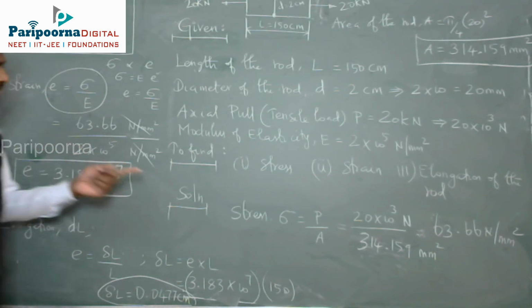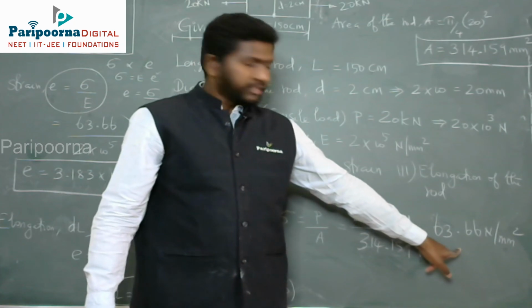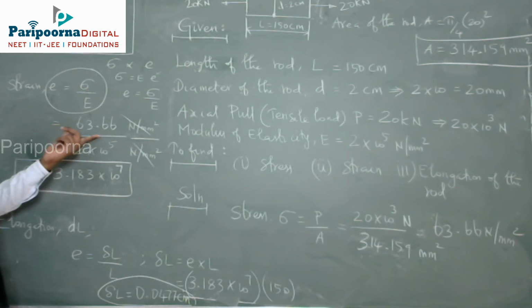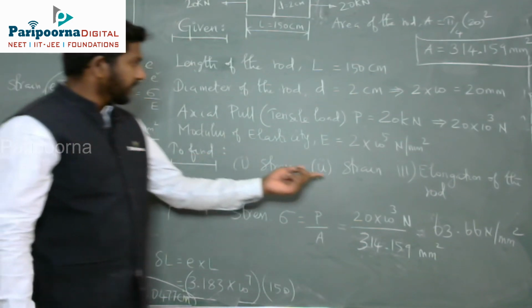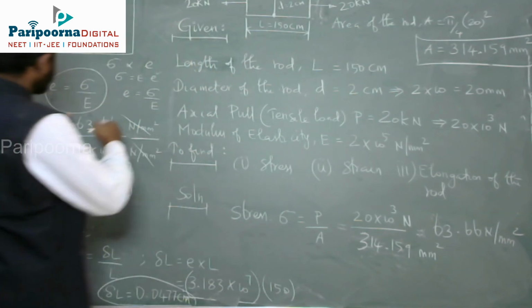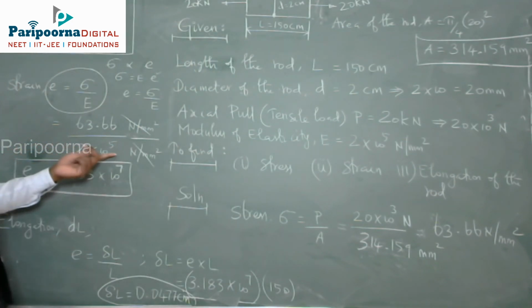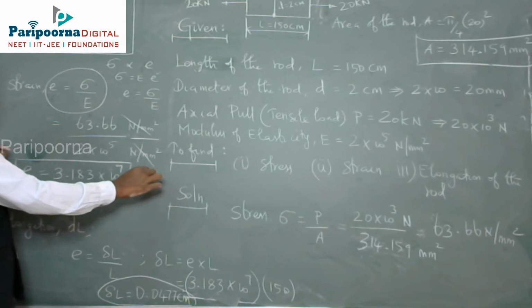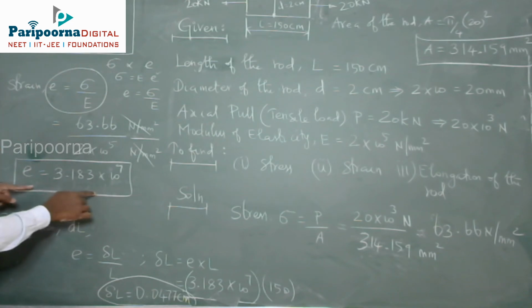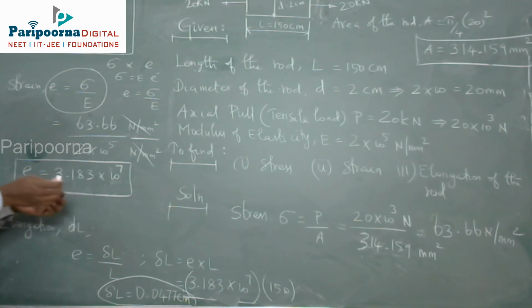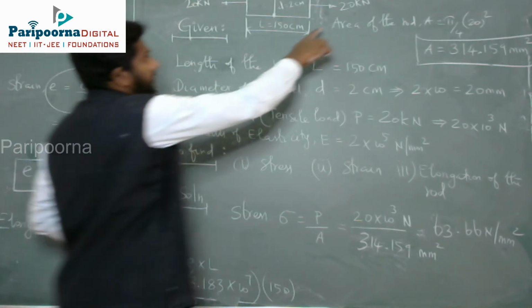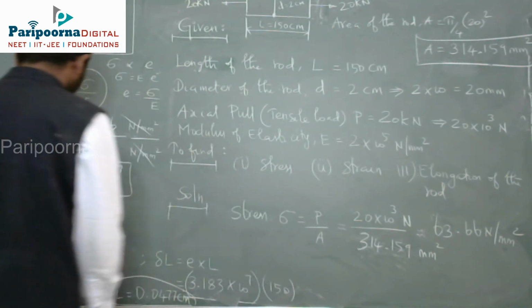Now stress value we already calculated, 63.66 Newton per mm square. Substitute the value here, and Young's modulus value is given in the problem, 2 into 10 power 5 Newton per mm square. So now this unit and this unit are similar, you can cancel, and this is the value of strain. Strain means this much deformation has taken place because of this 20 kilonewton load.